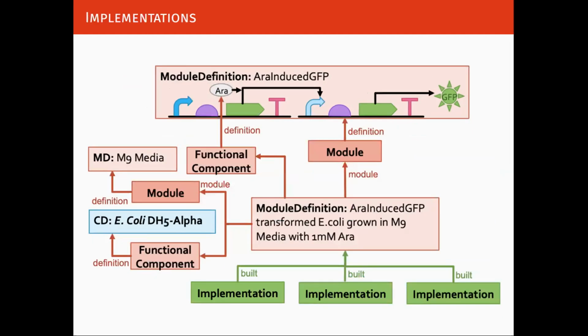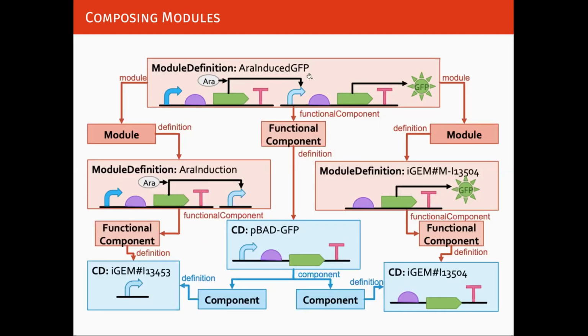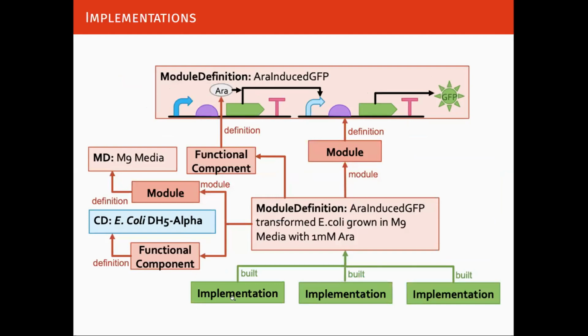And then the next class is implementation. So now let's say we've gone and built this arabinose-induced GFP unit. If you built it, then we use this class called the implementation class to express that it was built. So each of these implementations are three different builds of this arabinose-induced GFP unit.